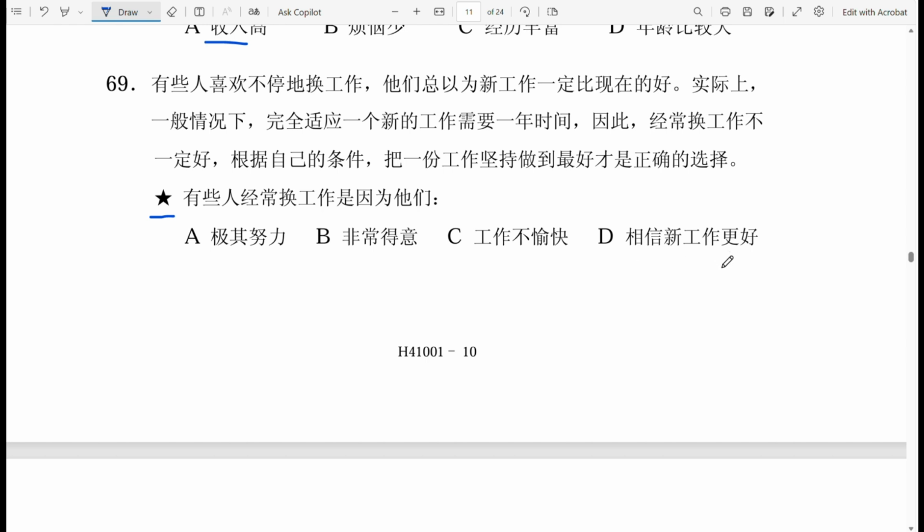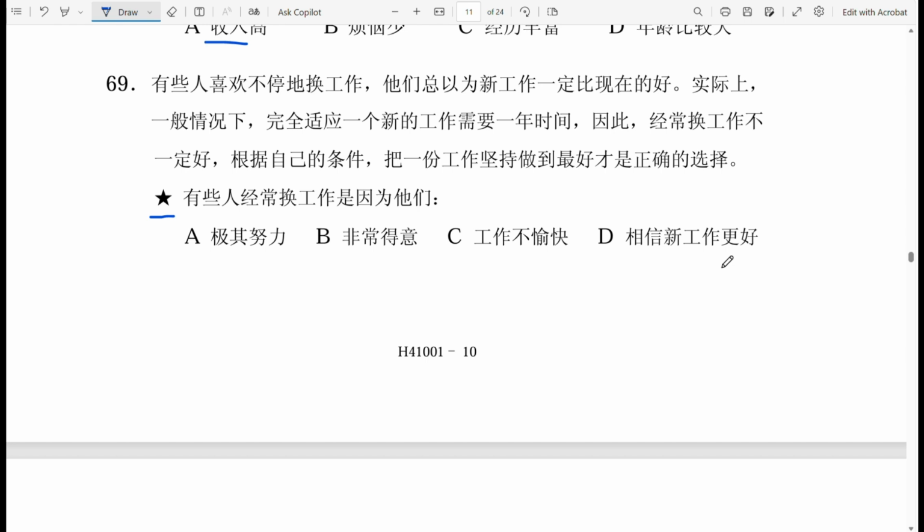Just from reading the options, I think we can already exclude at least two answers that most likely will not be the correct ones. I think option A does not make a lot of sense. They changed their job because they're very diligent. And also B, they changed their job because they're very proud.